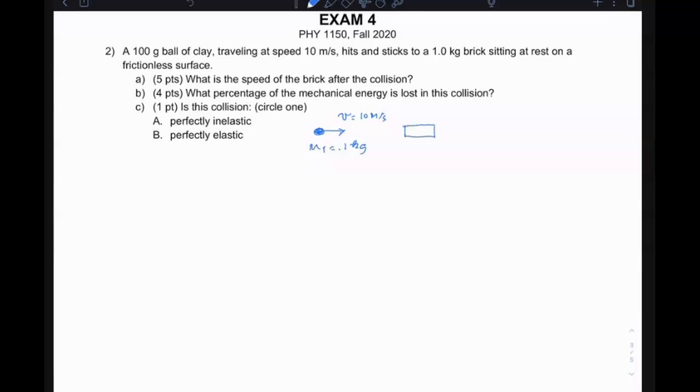And it collides with a stationary brick, mass 2, which has a mass of 1.0 kilogram.